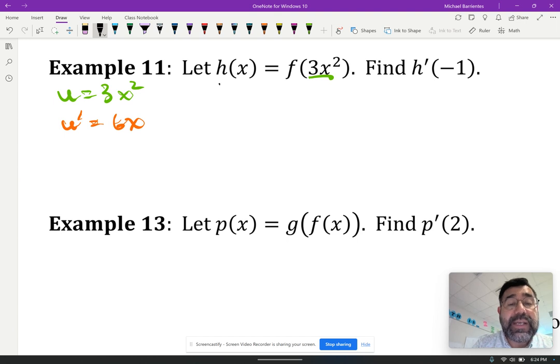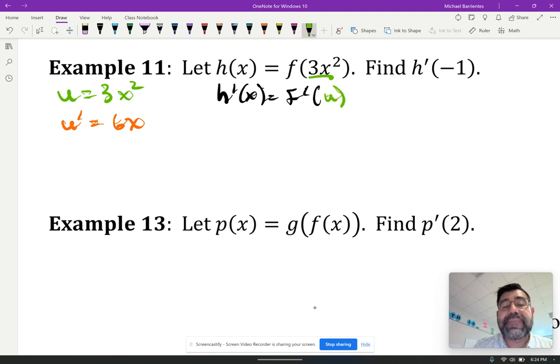So h prime is equal to the derivative of f with the inside still in there, times the derivative of the inside. In this case, I can't take the derivative of f because I don't know what f is.